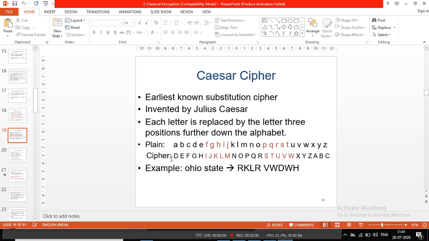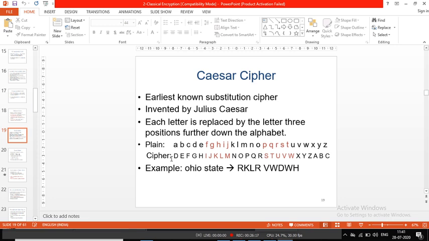Finished? Okay. Now cipher text. Second one, cipher text. You are going to convert your plain text into a cipher text. Clear? What happens in that Caesar cipher is your letter will be replaced with the third position from your letter.